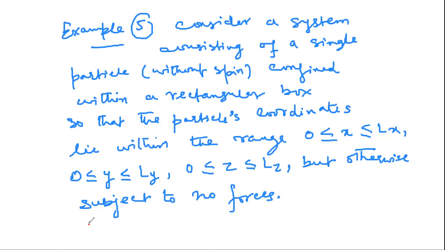Remember, the wave function psi of the particle, which has some mass m, must satisfy the Schrodinger equation. This is a famous example, particle in a box. You must have gone through it, but I have to highlight one thing here.